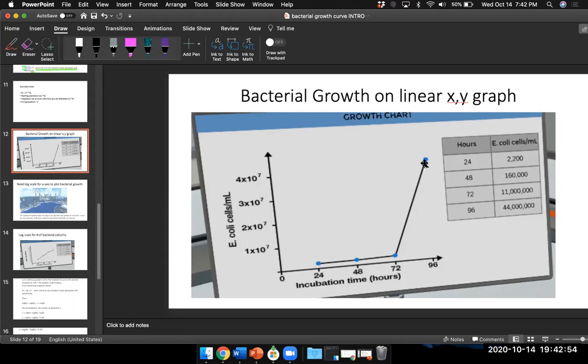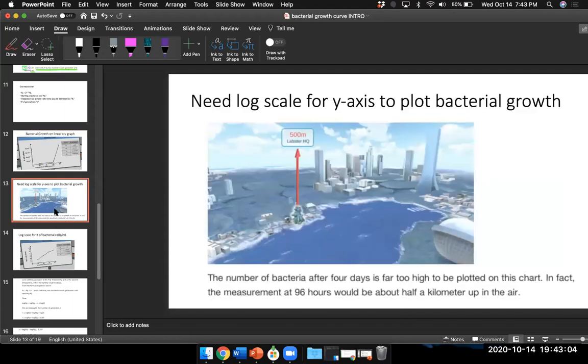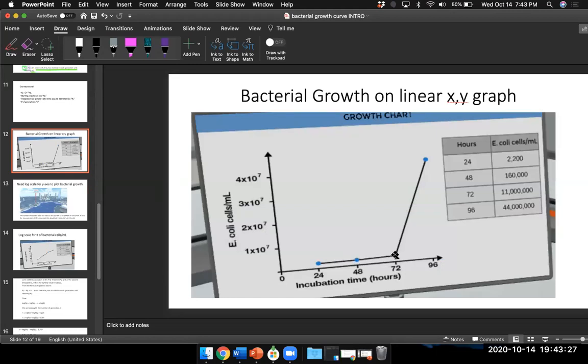And then after this time point, you can't even fit it on this plot anymore. It's just way off the chart. And in fact, they gave you a cute example that if you were to try to plot the next data point, it would be 500 meters in the sky. That's how huge the numbers of exponential growth get, so there's no way to physically plot that number unless you were to change your scale so much that it's not even useful. You can't gain any knowledge by looking at it.